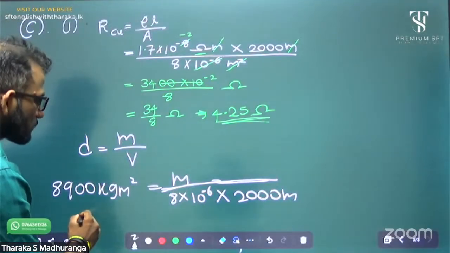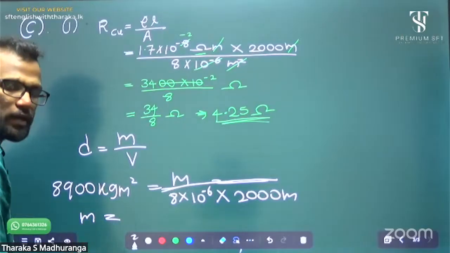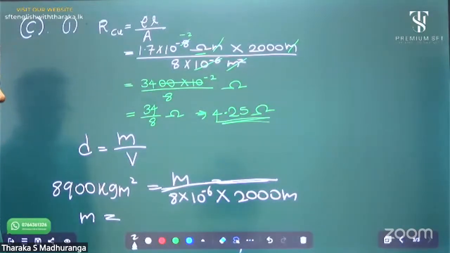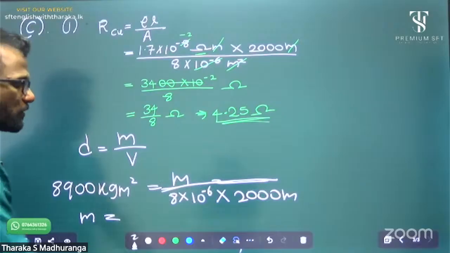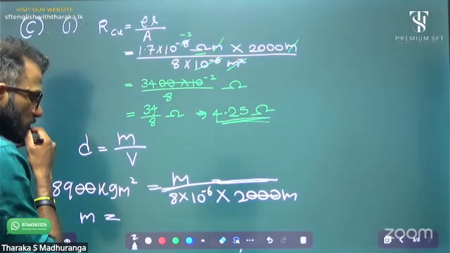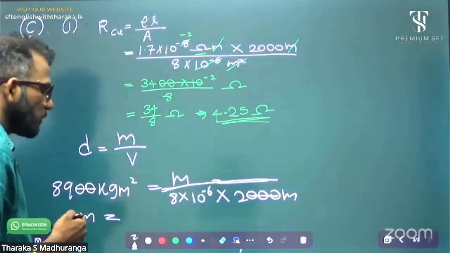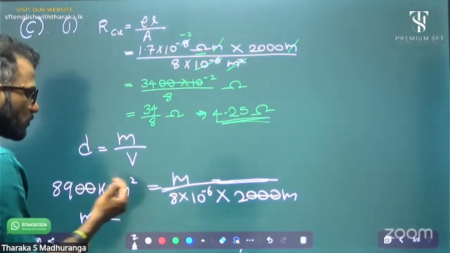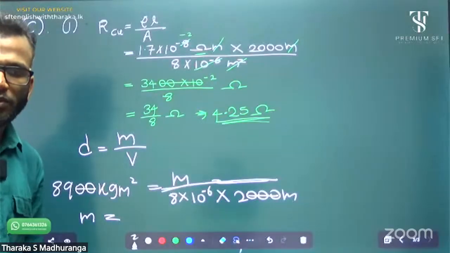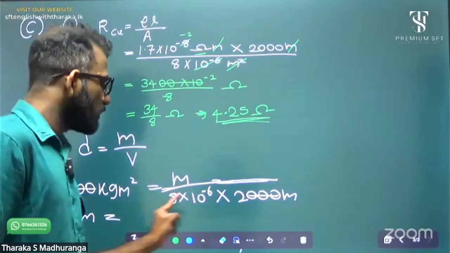M equals. Okay, can you get this answer? Now cross multiplication, and 5 zeros. The 5 zeros and the minus 6 cancel out, and it comes as minus 1. Then 89 into 8 into 2. Can you get the value of 89 into 8 into 2?